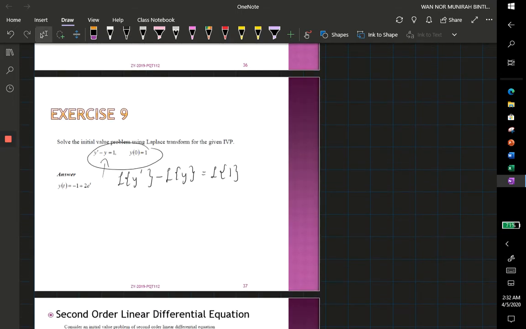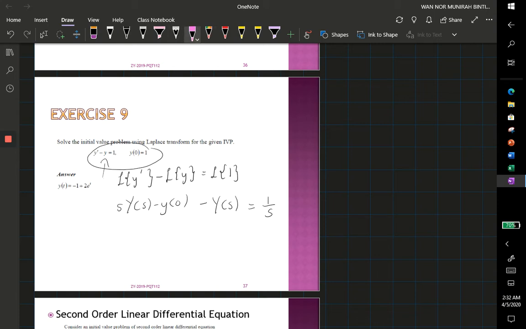So y prime is sY(s) minus y(0). Done with y prime. Then minus Laplace of y, which is Laplace of y(t). When you transform, you will have Y(s), equals the right hand side, which is 1, so 1 over s. Take the Laplace transform on both sides of the equation simultaneously.